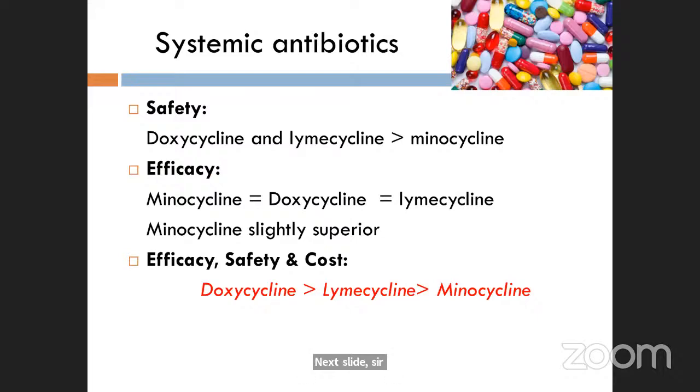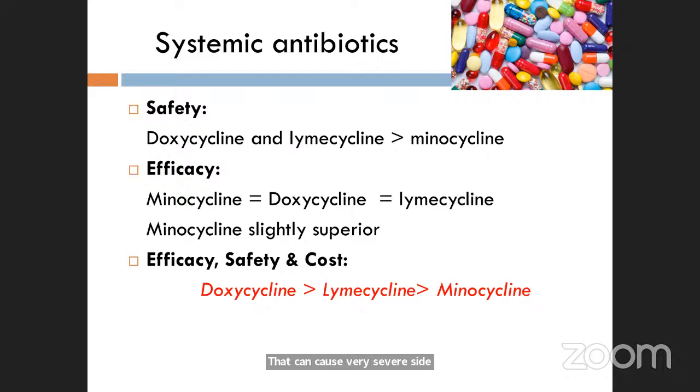So amongst these tetracycline antibiotics, you have doxycycline, lymecycline, and minocycline. We start with doxycycline. Then if it is not very effective, we can try lymecycline. Minocycline, efficacy-wise, is supposed to be most superior. However, I never use it because amongst the three, this is the only oral antibiotic that can cause very severe side effects.